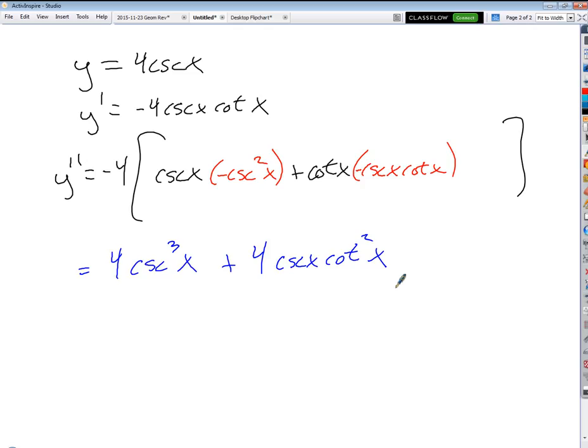And you could even leave the 4 out front if you want to, I suppose. So that's really it. At this point, we don't need to go any further with that. As I've said a couple times, when we start to use these derivatives next chapter to find minima and maxima and inflection points and things like that, then we're going to have to simplify this in a targeted way. We have to factor it, but we don't have to do that now.